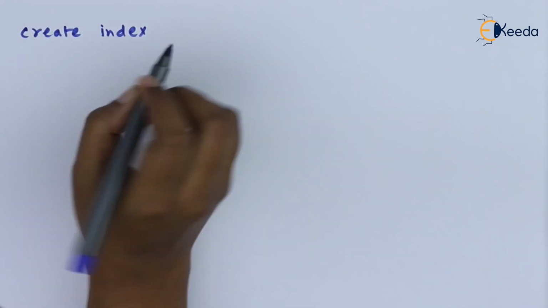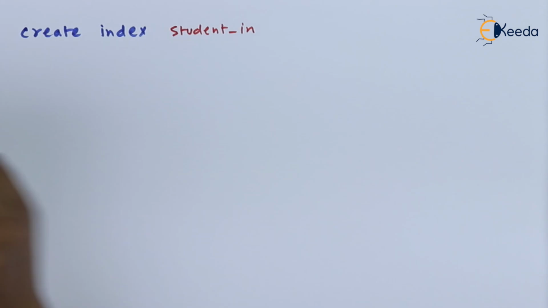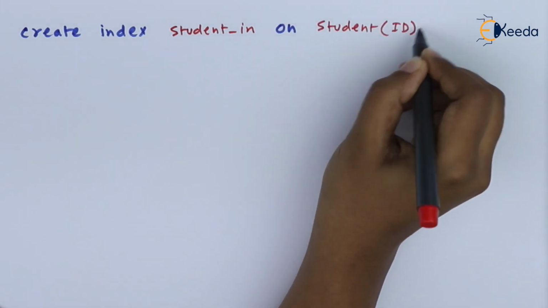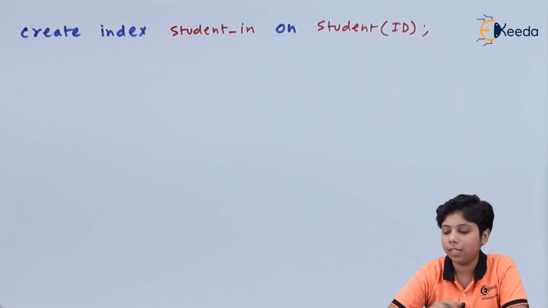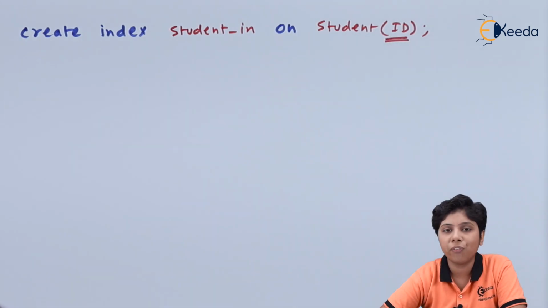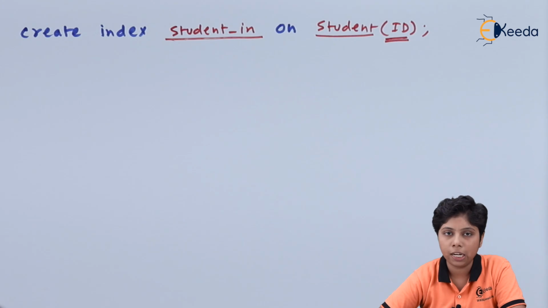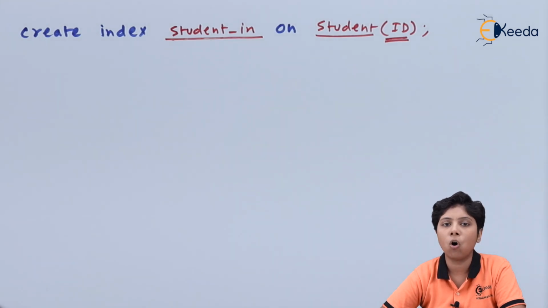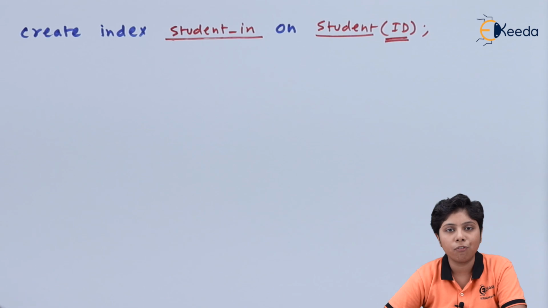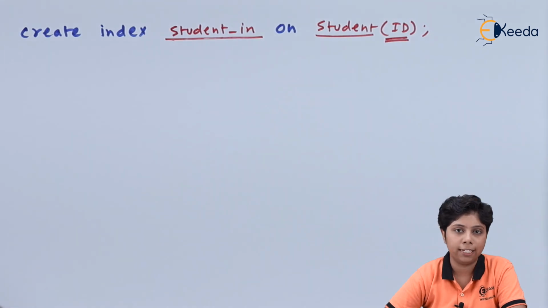Say, suppose the student relation that we have now created, we can create an index on it like this. Basically we are mentioning here that ID is the attribute on which we want to create the index, student is the relation that we are referring to, and the index name is student index, which will consist of all the IDs and refer to the tuples according to the IDs.